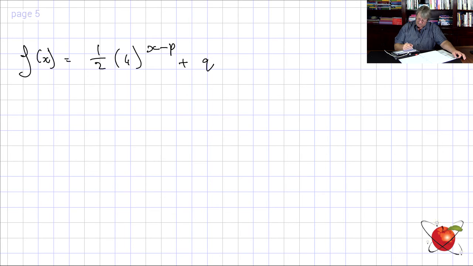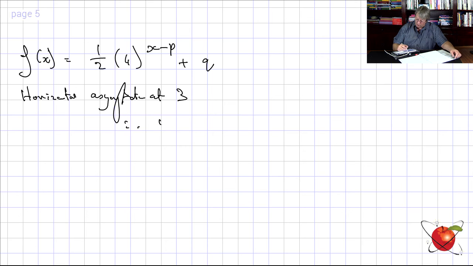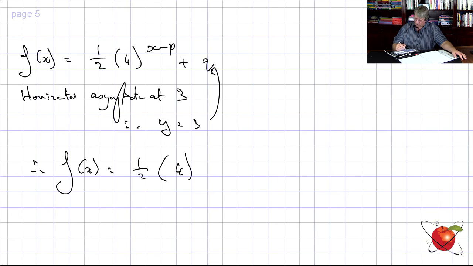They tell us that there is a horizontal asymptote at 3. Horizontal means y equals 3, y is q, therefore f of x must be equal to a half times 4 to the power of x minus p, plus 3. Correct? So far, so good.